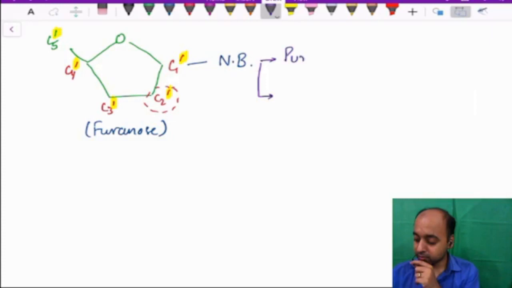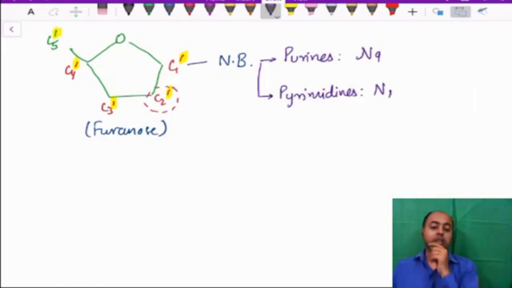The purines are attached via N9. The pyrimidines are attached via N1. The point of attachment for the nitrogenous base with the sugar is different. At the sugar, they are always attached at carbon 1 dash, but in case of purine, that linkage is via N9. In case of pyrimidine, the linkage is via N1.